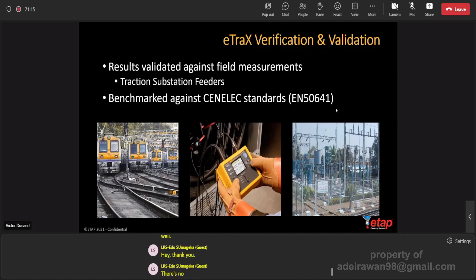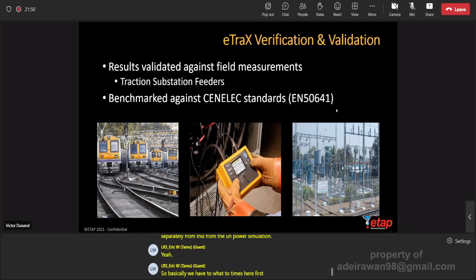Okay, maybe one more question. Yeah. For the signaling data that is required as input for eTrack, I've been comparing with the simulation software that we have now. In our simulators, we need to build the signaling system separately from the power simulation. So basically, we have to work two times.